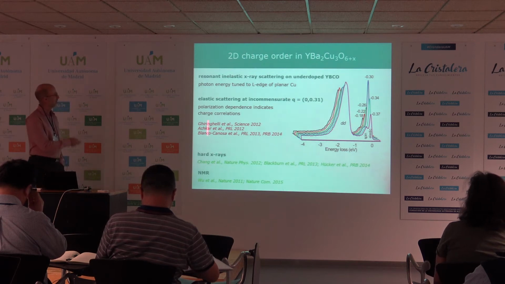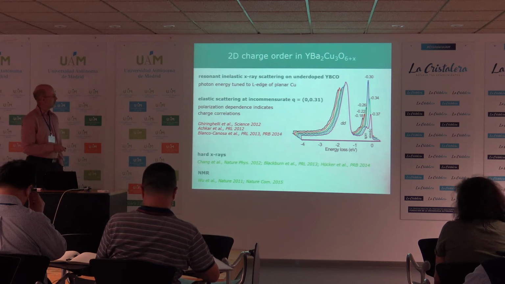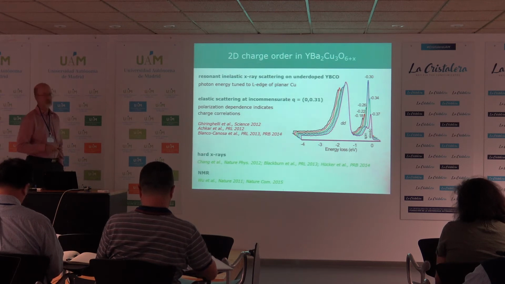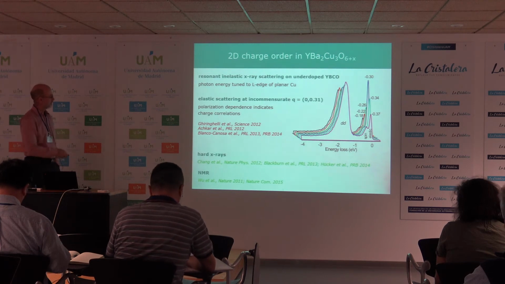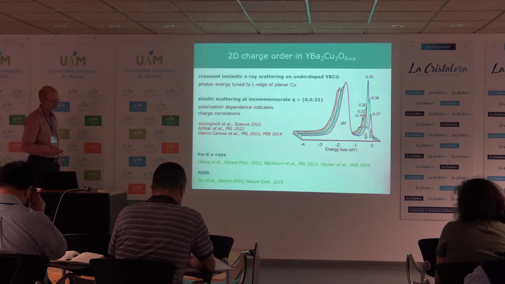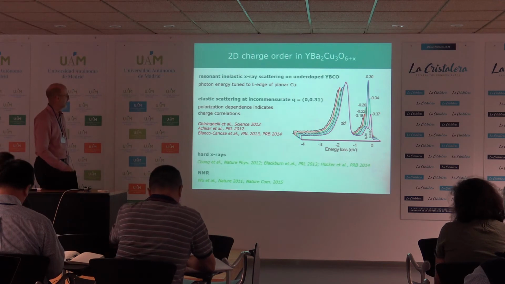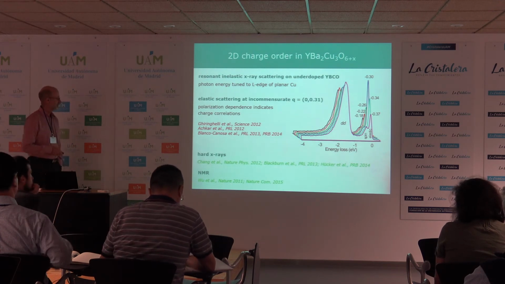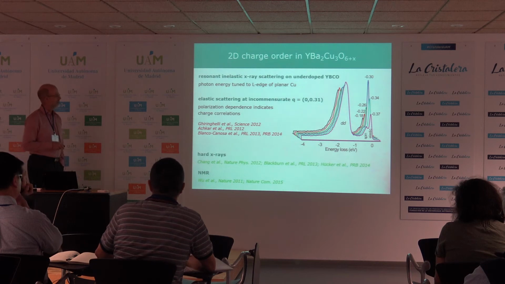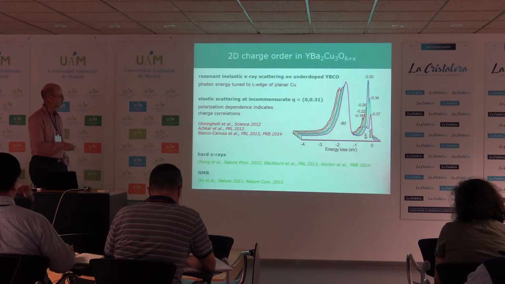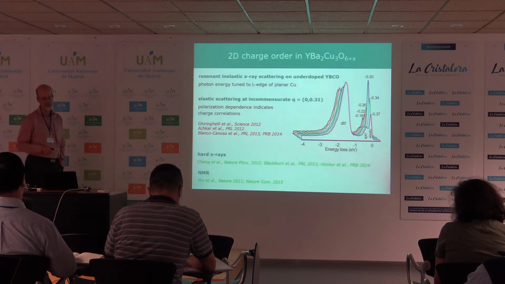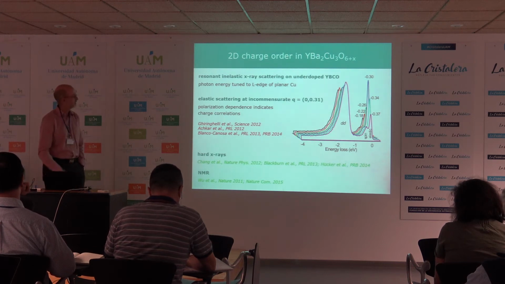Parallel to these experiments that we did with resonant X-ray scattering, Steve and Yuan Chang and others also used hard X-rays to find the same phenomenon. And previously, as Cyril had pointed out already, Marc-Henri Julien had found evidence for charge ordering in high magnetic fields in YBCO, in these papers here, although they could not identify the ordering wave vector.